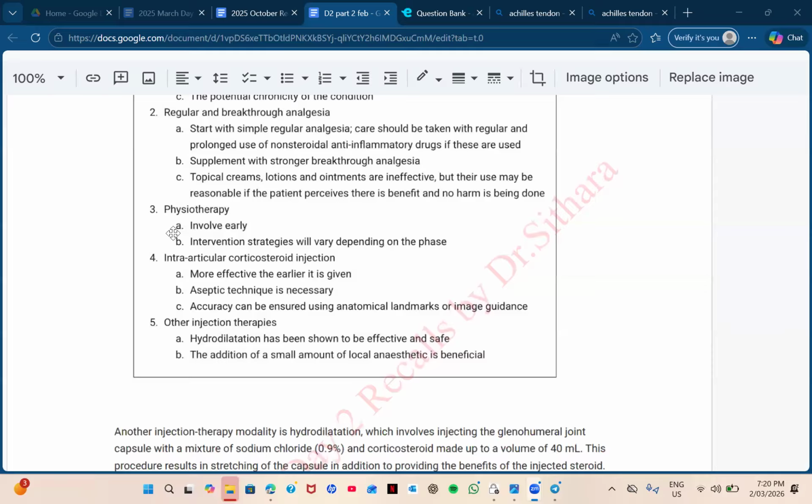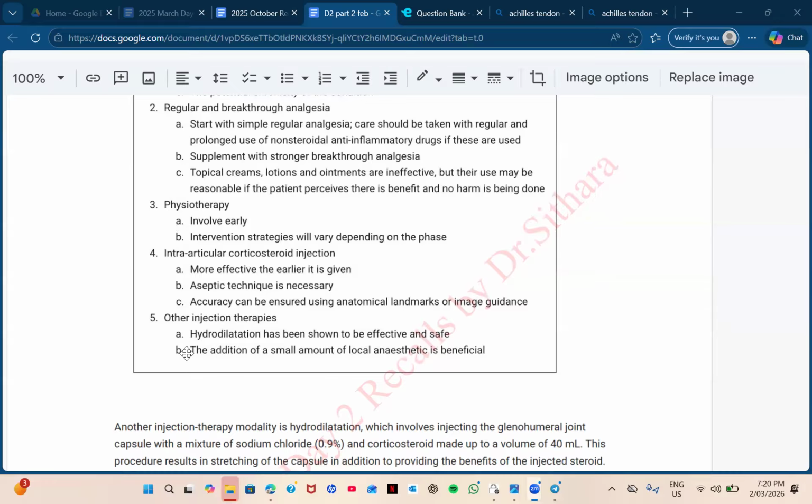Because it is intra-articular corticosteroid, we always have to make sure about asepsis. If there's any contamination, there can be septic arthritis in the joint. So we always have to take precautions to prevent septic arthritis.